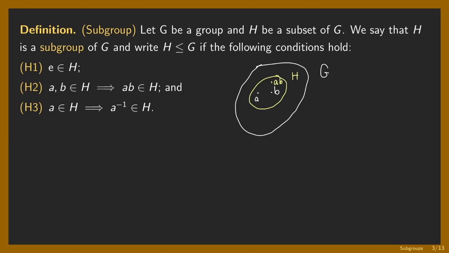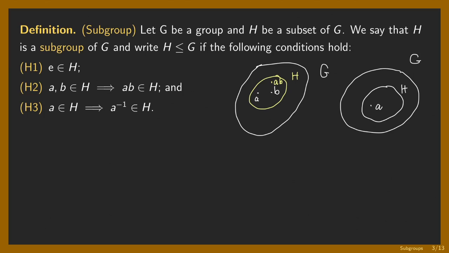Lastly, we want closure for inverses. What do I mean by that? Normally, if you take an element A of H, because it's an element of G as well, then it has an inverse.